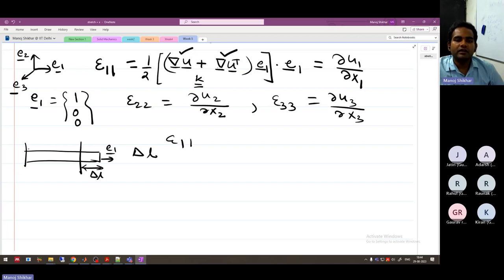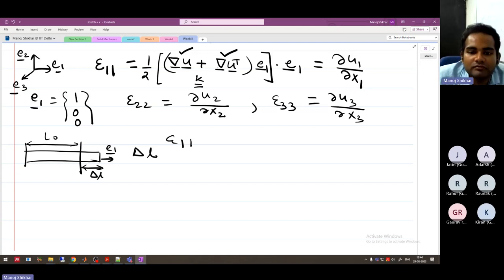This is the delta L and you will divide it by L0. The same thing is happening here. Del U1 is the displacement. So you can replace del U1 by delta L and del X1 by L0. That is what you used to do in your class 11th. Now we will use these generic formulas.